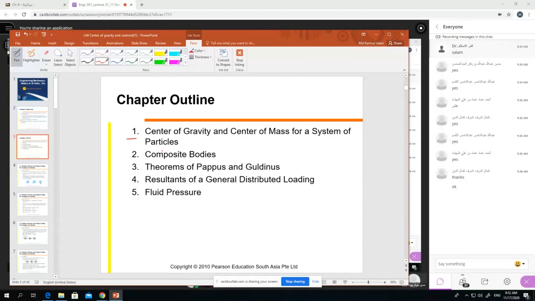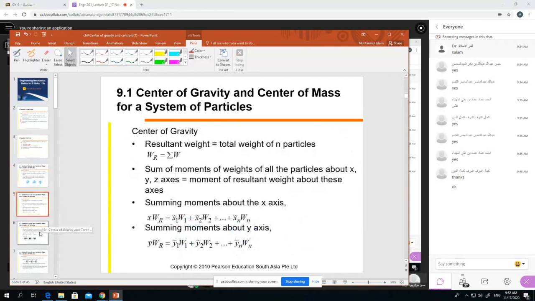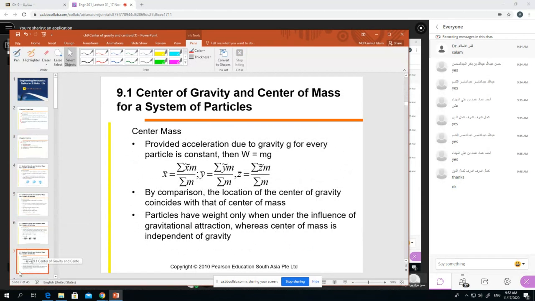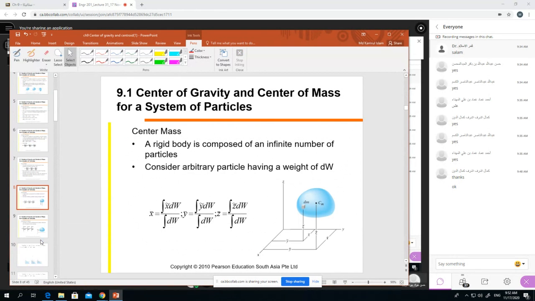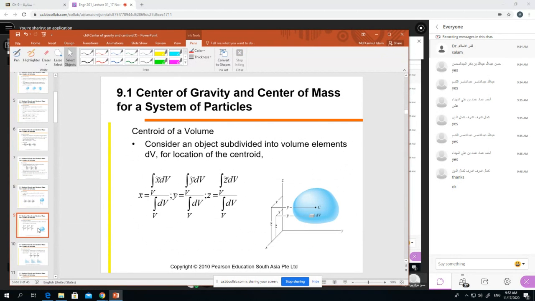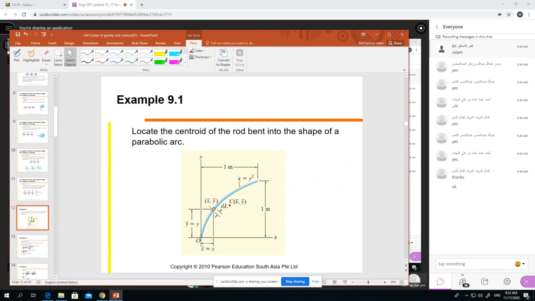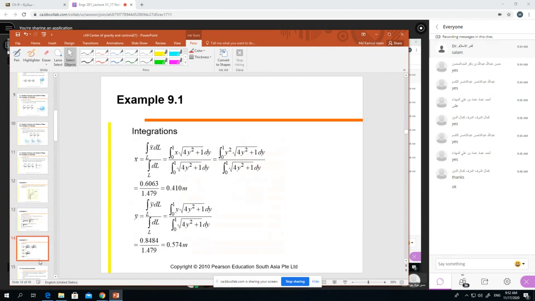We'll do the center of gravity concept and composite bodies. Today we'll start composite bodies. There are lots of things there, but I will try to make it easy and go straight away.